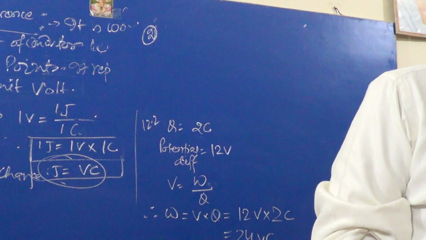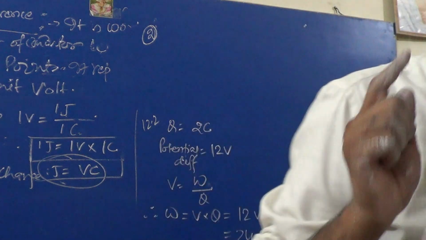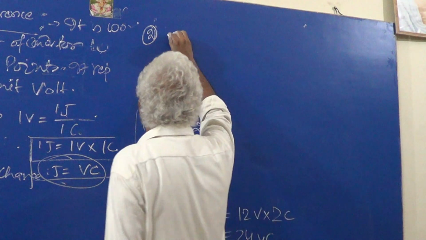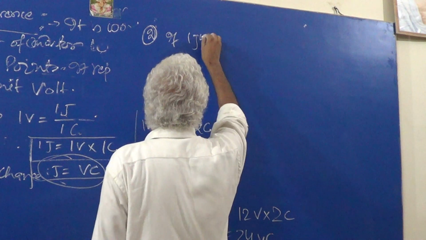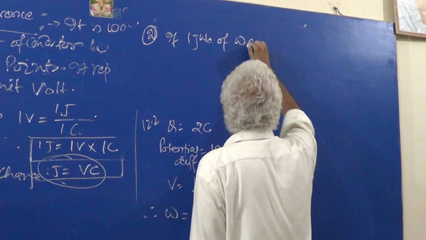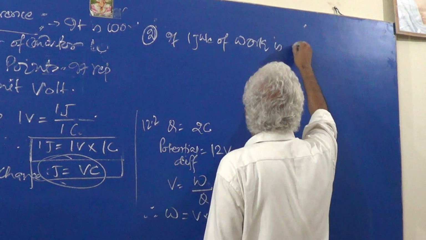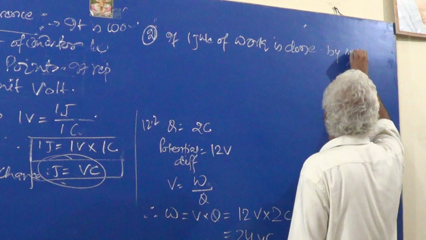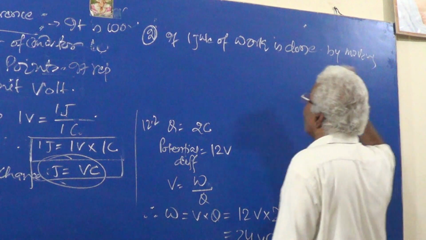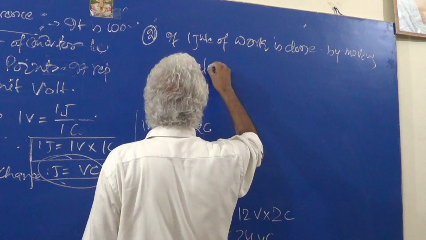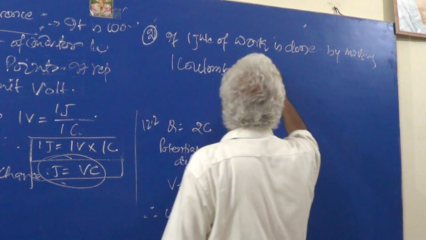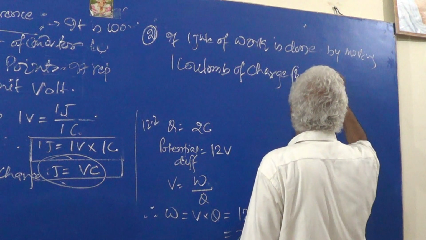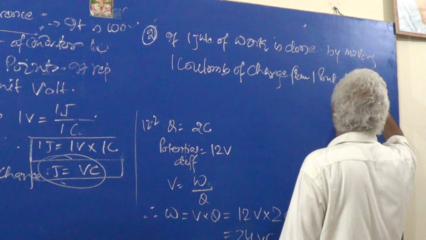It means the potential difference is 1 volt if 1 joule of work is done by moving 1 coulomb of charge from one point to another.